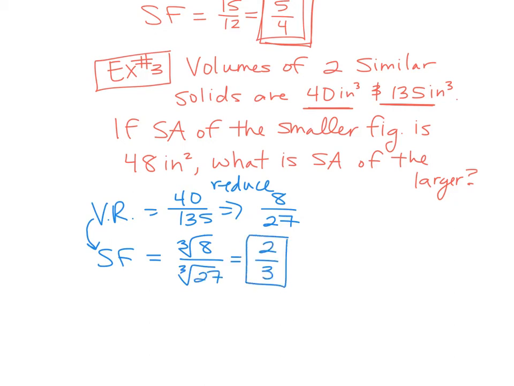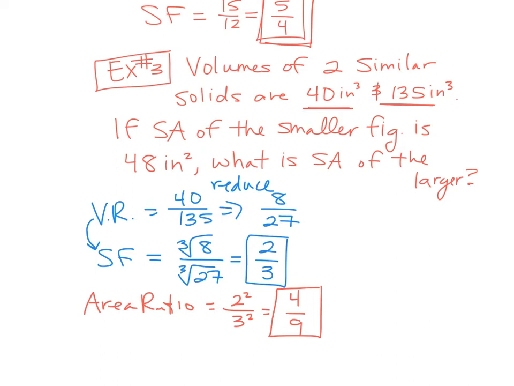Okay, so that's my scale factor. And then you can square both. To make it your area ratio, we're going to square those. So that would be 2 squared to 3 squared, or 4 to 9. Okay? So you have an area ratio now.